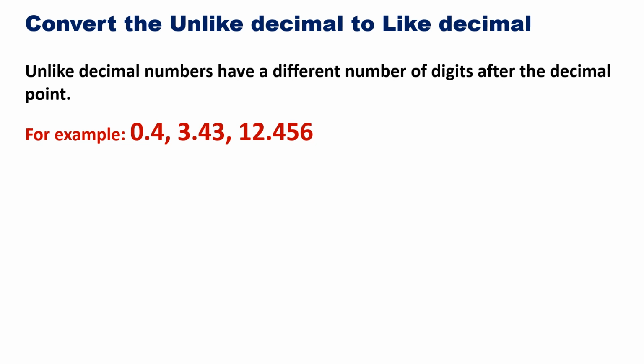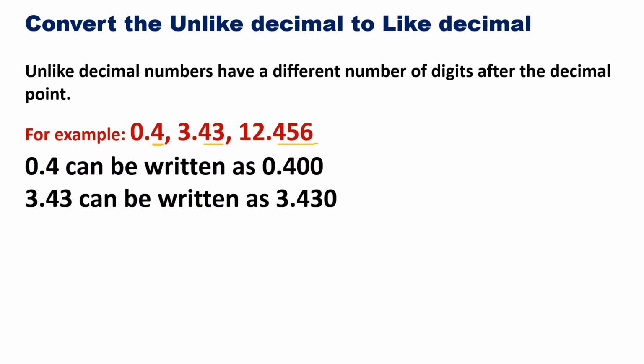As we can see here, in the first number we have one decimal place after the decimal point. In the second number we have two decimal places or two digits. And in the next one we have three digits after the decimal point.